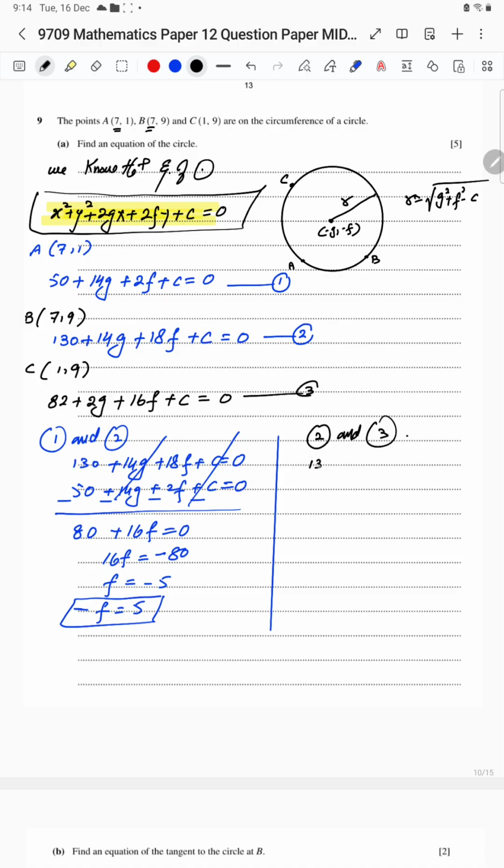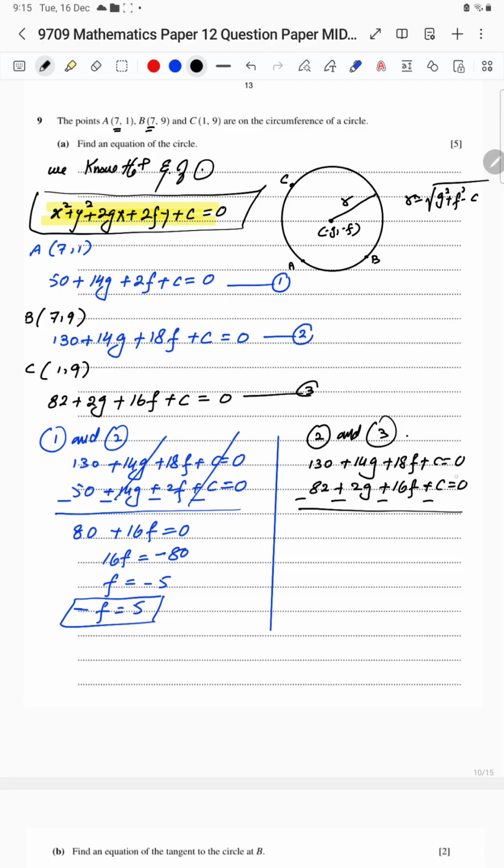So 130 plus 14g plus 18f plus c equal to 0, this is 2, and 82 plus 2g plus 16f plus c equal to 0, right? So, or I can do it with 1 and 2 even. The choice is mine. Right, done.